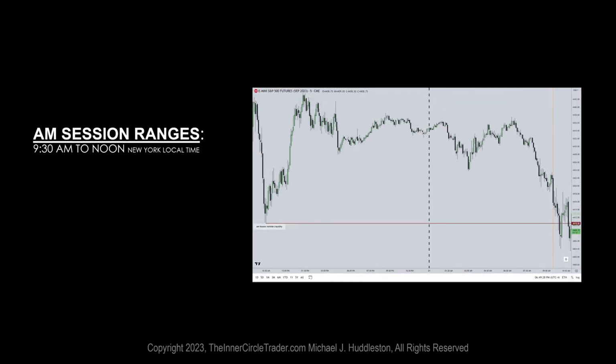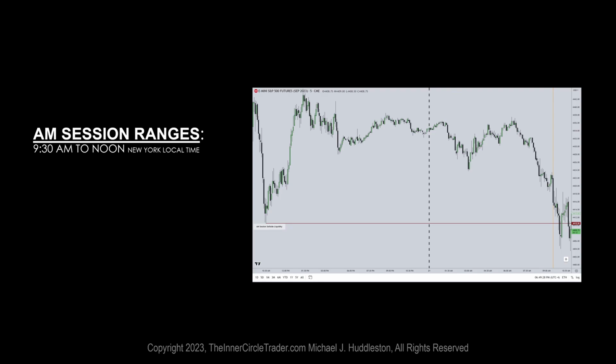The AM session ranges from 9:30 in the morning to noon. So right away, we are considering this in the afternoon, so we can always refer to it in the same trading day. We could be anticipating a market reversal profile, something to that effect.